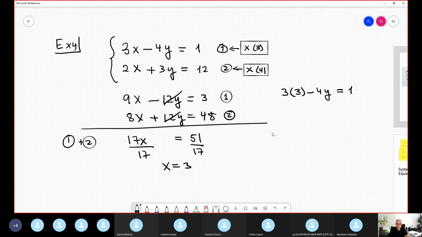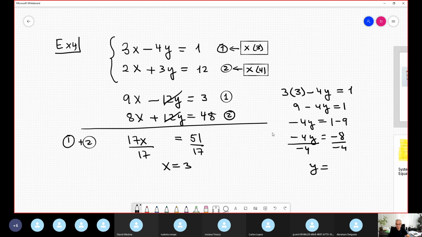Let's solve for y. 3 times 3 is 9. Negative 4y is equal to 1 minus 9. Negative 8 divided by negative 4 both sides. y is 2. And the solution is the point (3, 2).